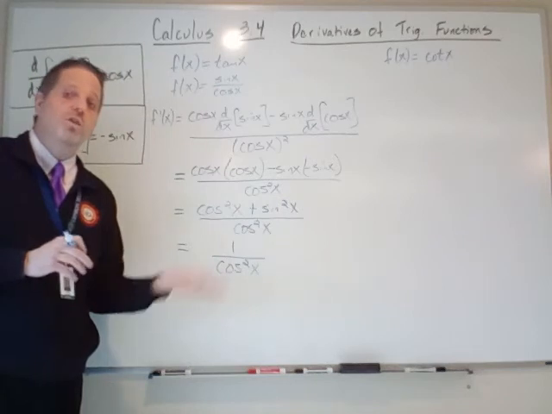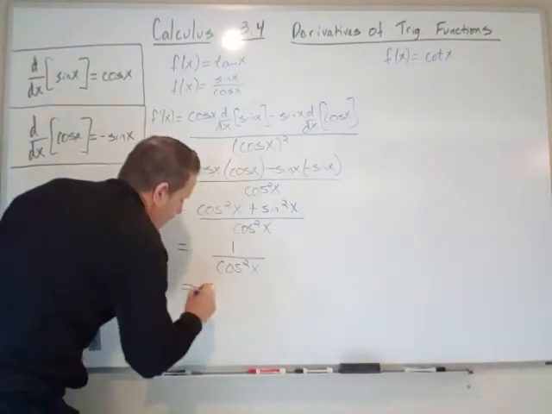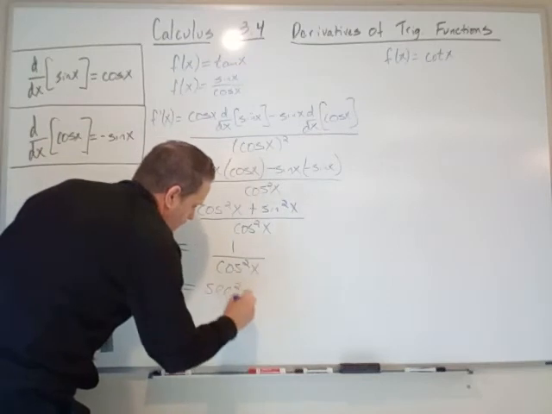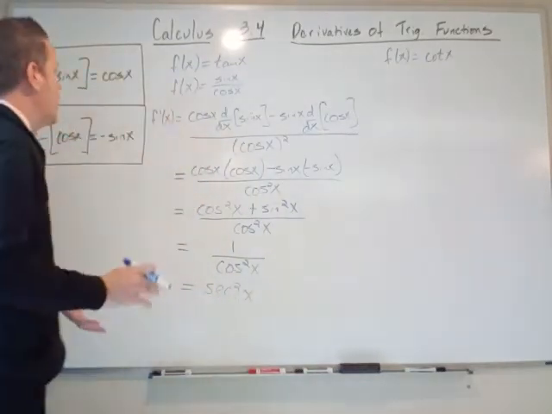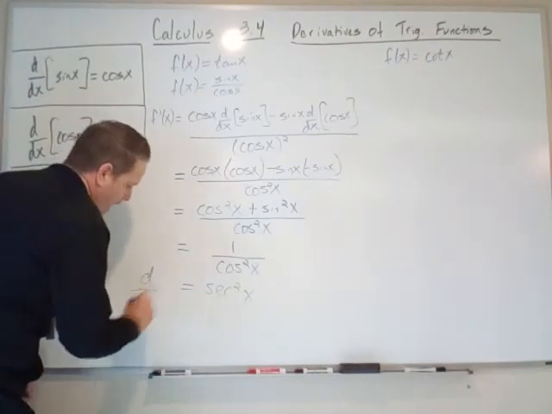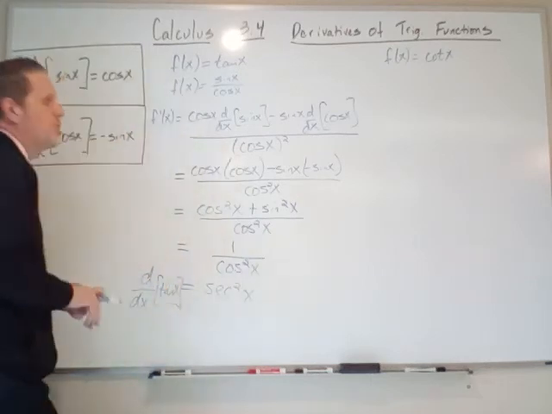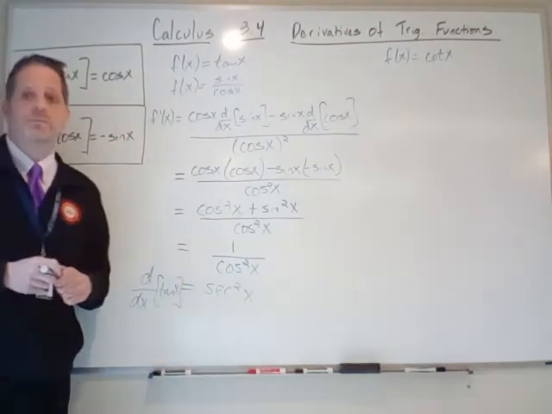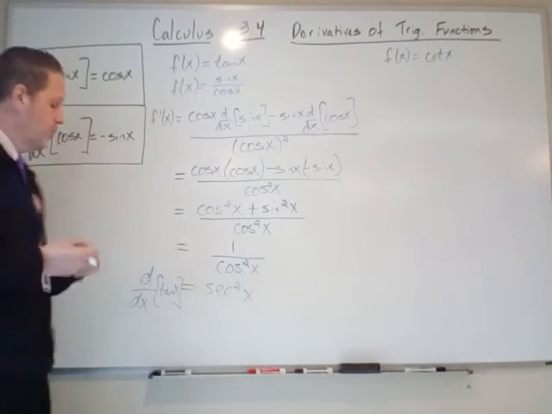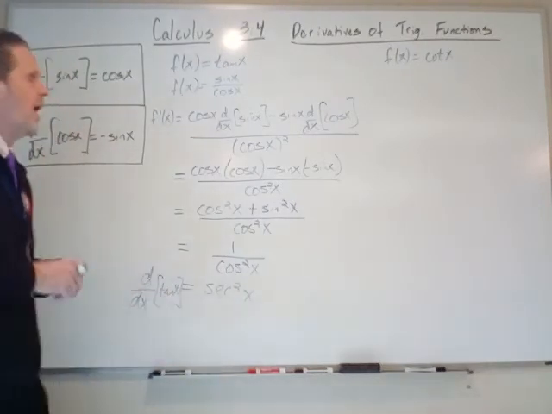So that means 1 over cosine squared is secant squared. Okay, and what does that mean? That means that the derivative with respect to x of the tangent of x is equal to the secant squared of x. Again, the derivative of the tangent of x equals the secant squared of x.